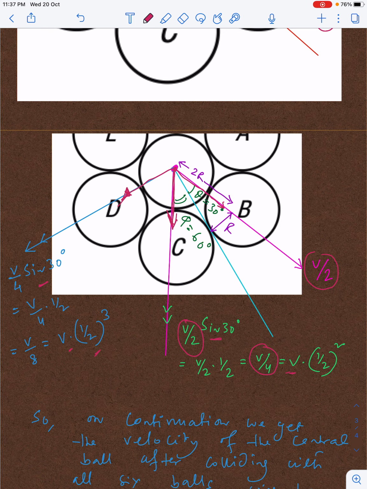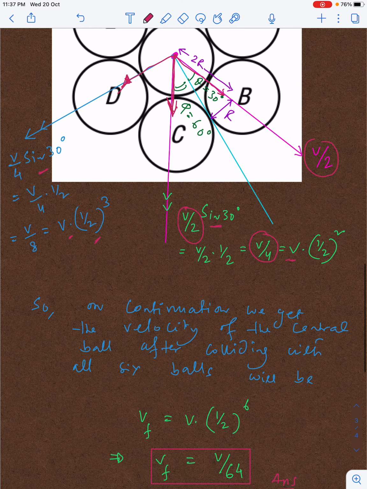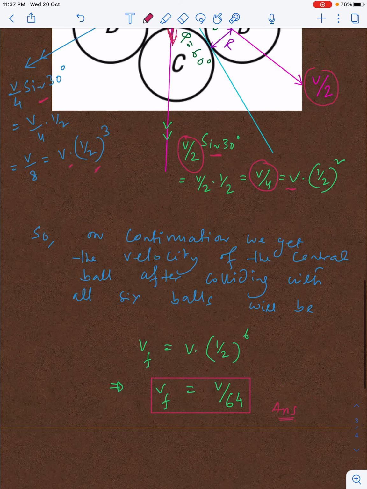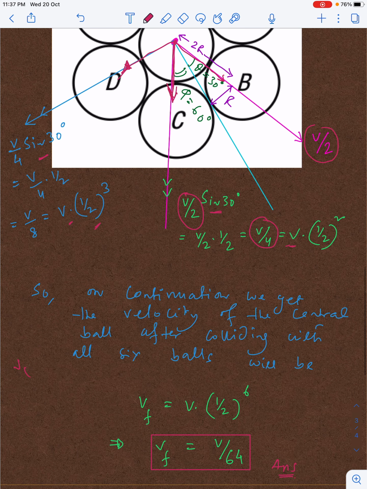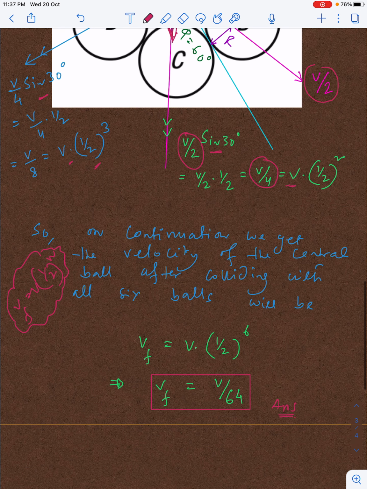Now you got the logic. So if it makes n number of collisions in such a way, I can simply write that Vf is equal to V into half to the power n under this circumstance, right? So here they are asking what will happen after the sixth collision. So simply I will put Vf equal to V into half to the power 6.